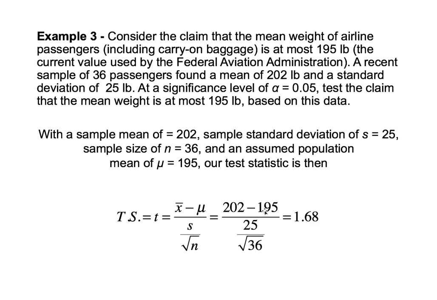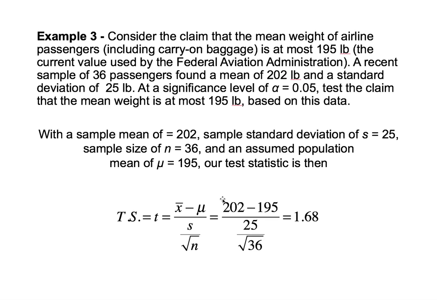And the population mean may or may not be 195, but that is what is named in the problem, 195, and so that's what we assume. So we put 195 for the population mean right here. And then our sample standard deviation is 25, the sample size is 36, so those fill out the rest of the calculation.